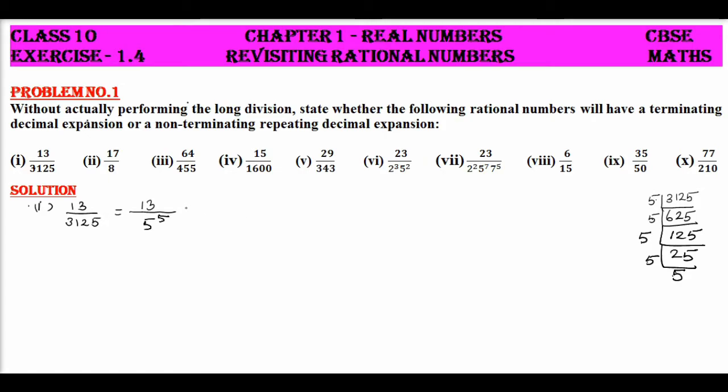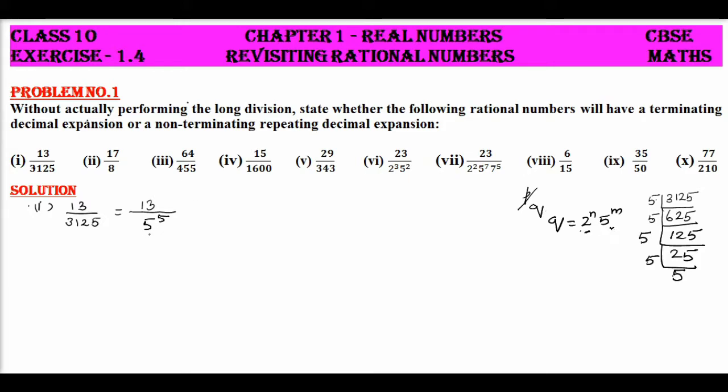Right? Okay, now we know that the denominator q in p by q should be of the form 2 power n, 5 power m. So it should be powers of 2 or powers of 5 or powers of both. In that case, the decimal expansion will be terminating.